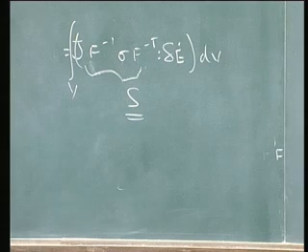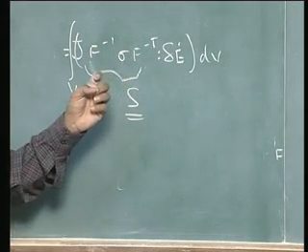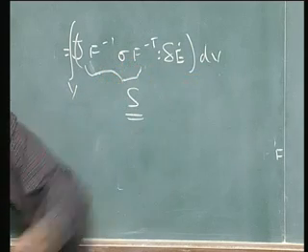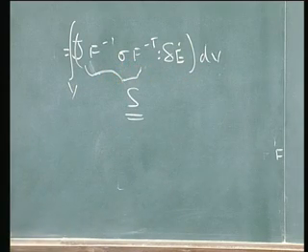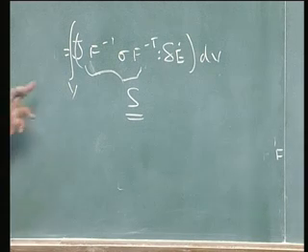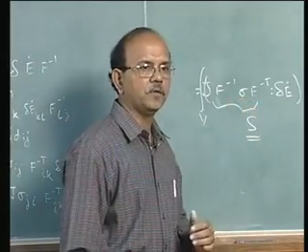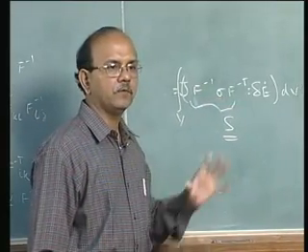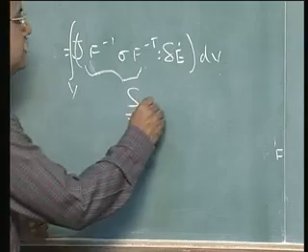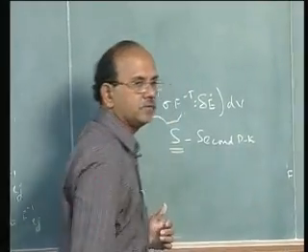So essentially what have you done? You have pulled back sigma to the reference coordinate. So the pullback operation is slightly different now than what it was in the previous case, and the resulting stress is the second Piola-Kirchhoff stress.